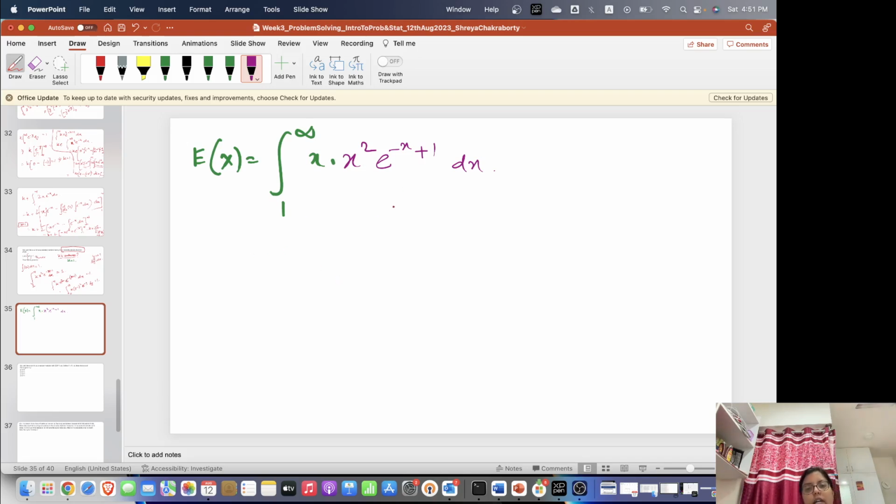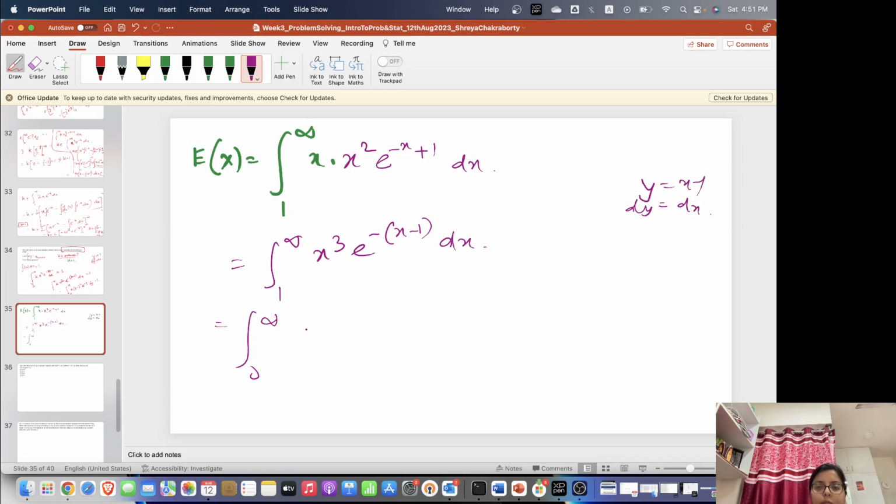Okay. So here again I'll write it like this, 1 to infinity x cube e to the power minus x minus 1 dx. Again I'll write y equal to x minus 1, dy equal to dx. So this will become 0 to infinity y plus 1 whole cube e to the power minus y dy.